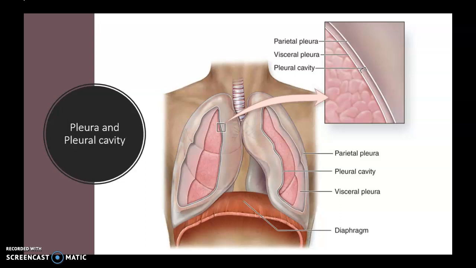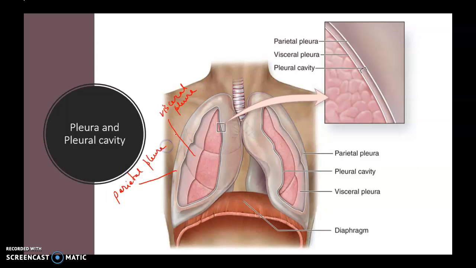And as we notice here, the lungs are covered by a double-layered serous membrane. The layer that touches the lung, if I label this layer right here, is called the visceral pleura. The outer layer that lines the body wall is called the parietal pleura.